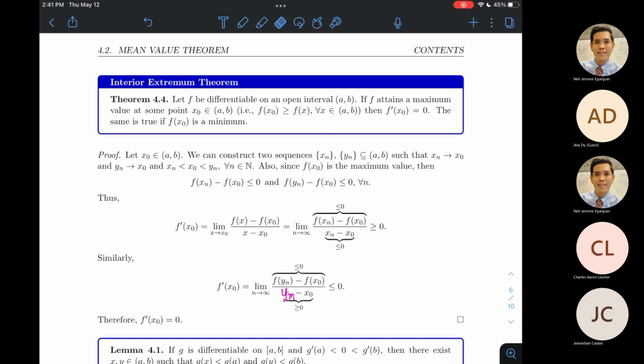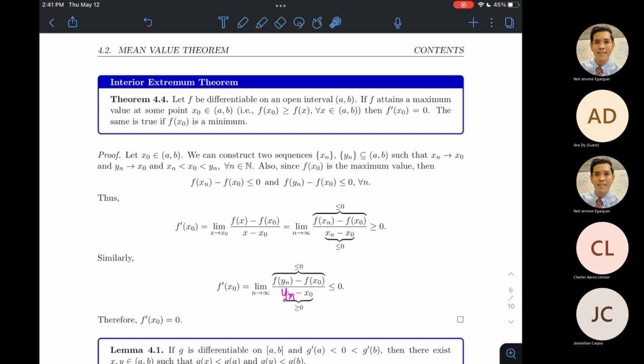But another nice thing about the interior extremum theorem is it gives us a disqualification para maging isang maximum or minimum. Pag tinignan natin yung contrapositive ng theorem 4.4, so what will that read? It will read that suppose that if f prime is not equal to 0, then f cannot attain a maximum or a minimum at the point x sub 0.